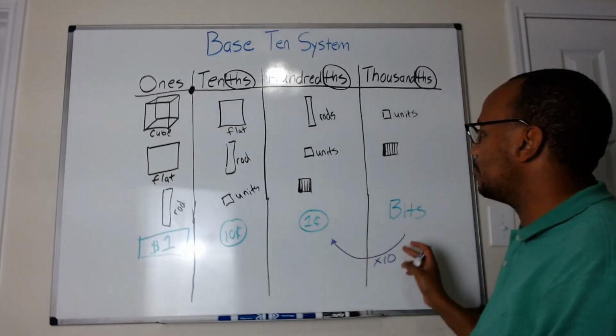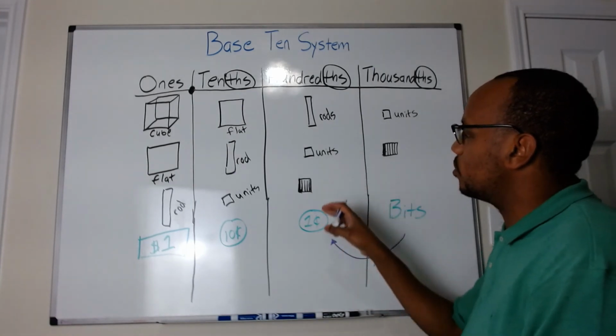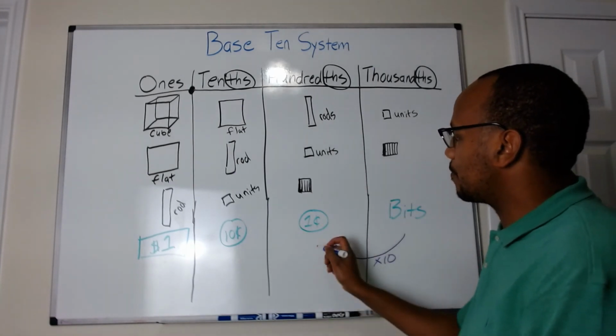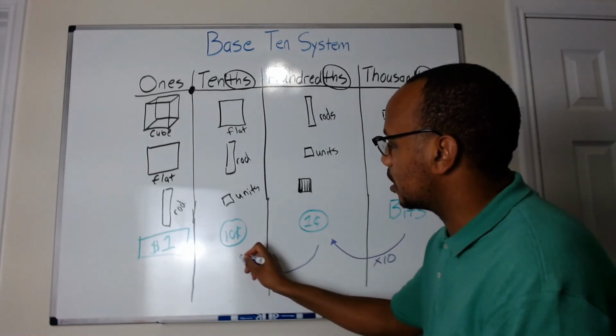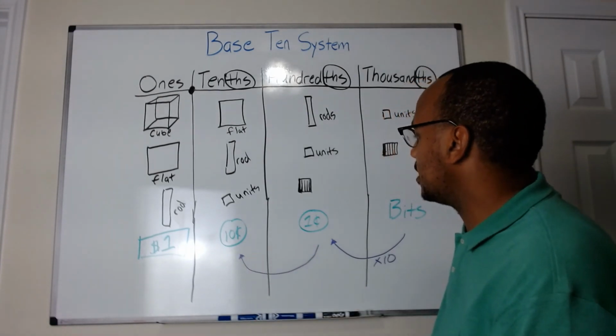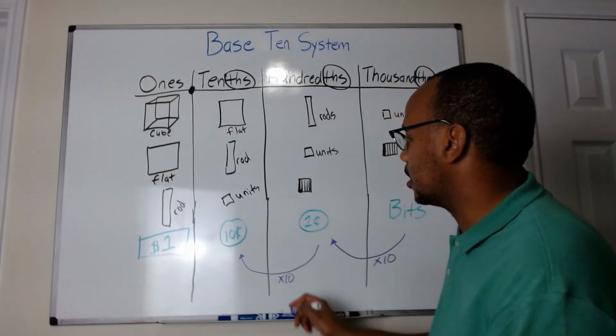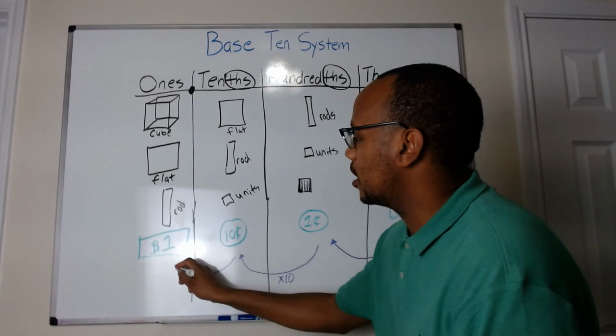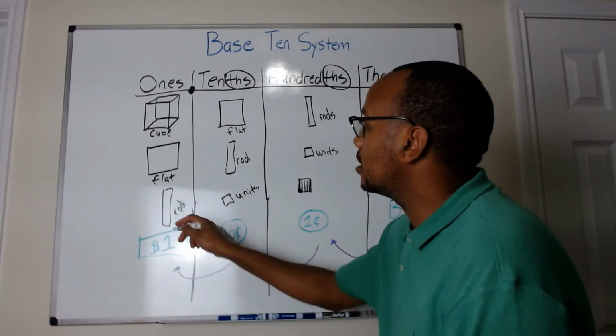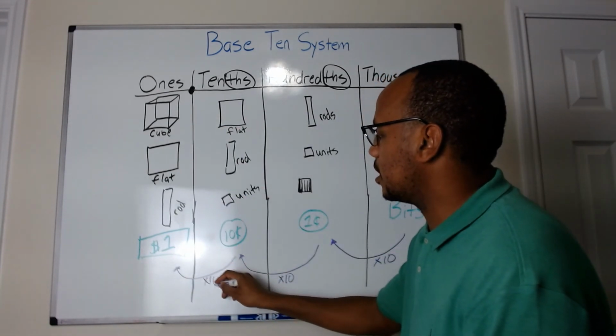So it would take 10 bits, or 10 thousandths, to get to the hundredths. Now from here, you take 10 hundredths to get to one tenth, times 10. And then from here, you take 10 tenths to get to the ones, times 10.